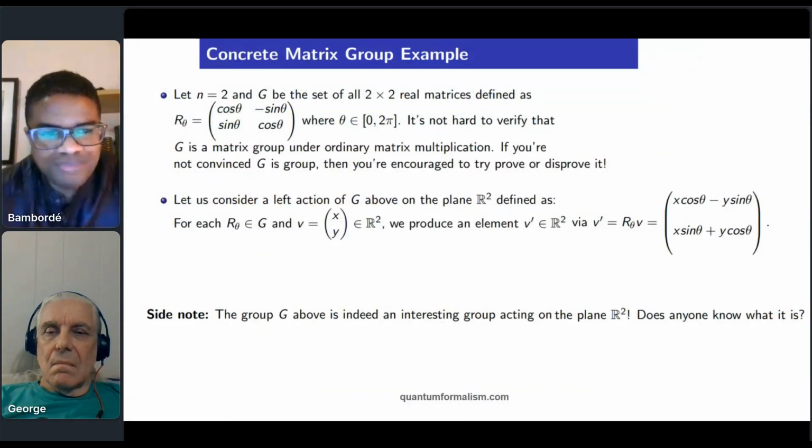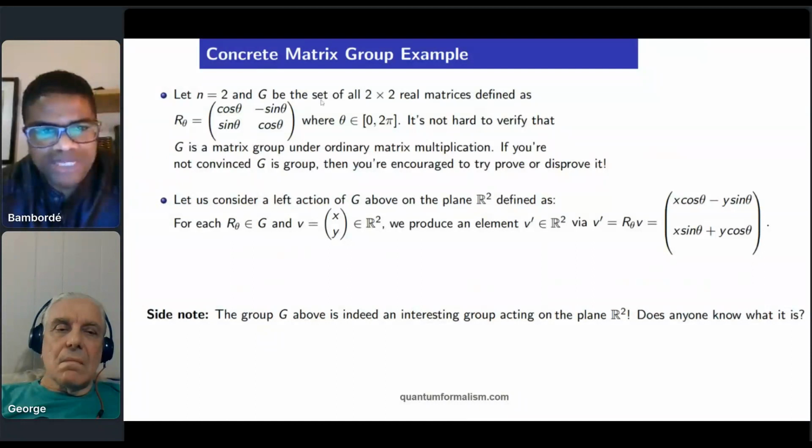Okay, so let n equal 2, so we are dealing with 2 by 2 matrices, and let the set G be defined as the set of all these matrices, defined like this with this parameter theta in this interval.